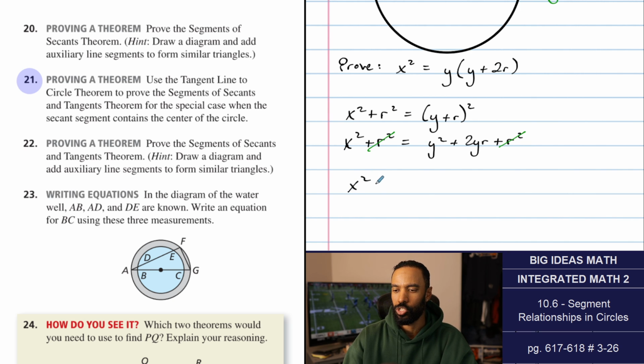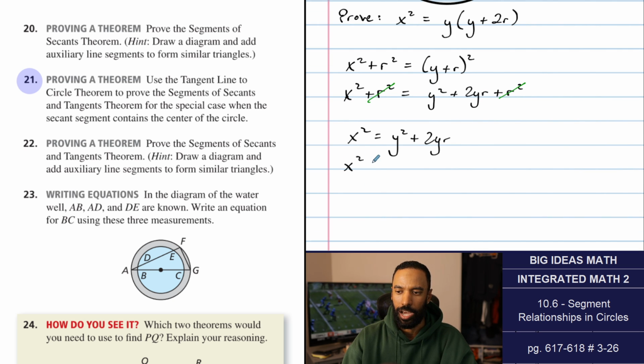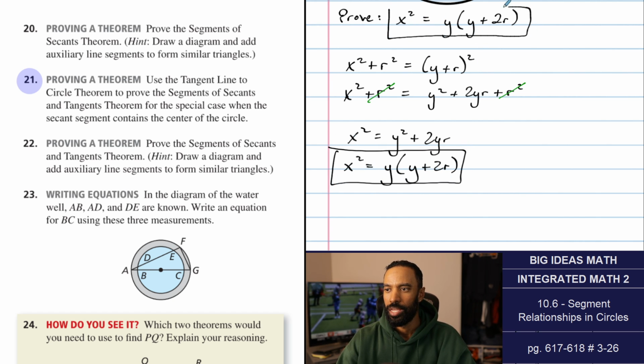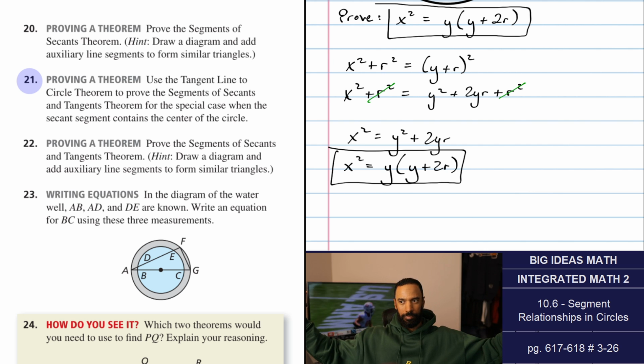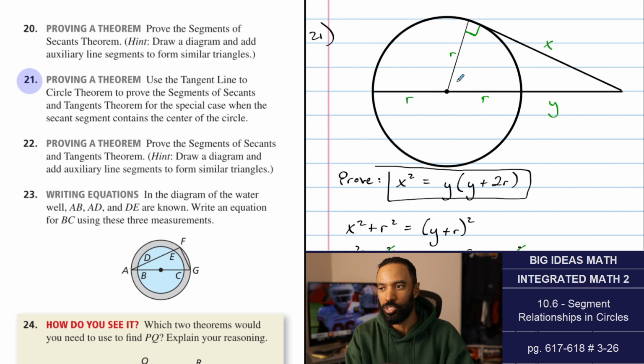And now I have x squared equals y squared plus 2yr, and I have a common factor of y. When I factor that out, I am left with y here, and here I have 2r. So that seems to connect with this. I guess it's just showing that that relationship still holds true.